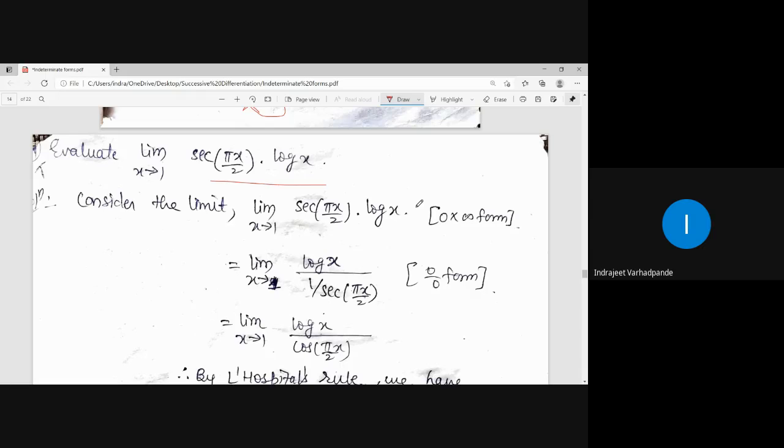What is log 1? Tell me, value of log 1? 0. What is sec of pi by 2? Infinity.